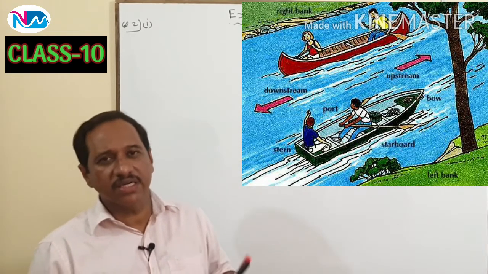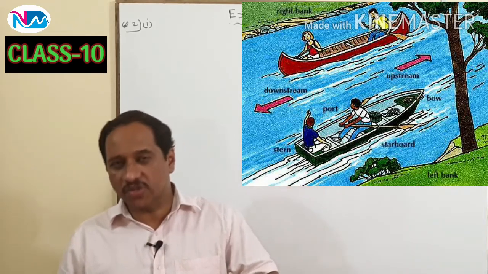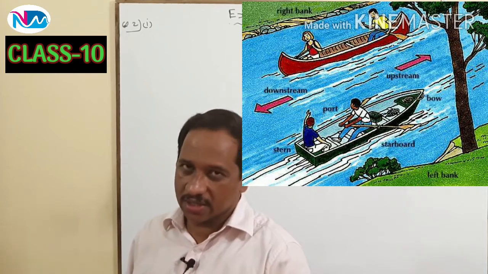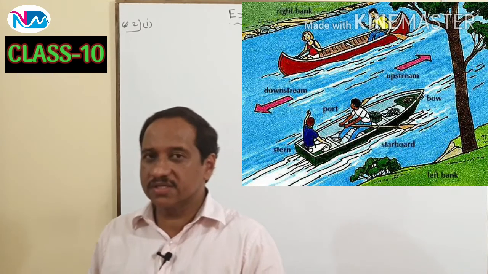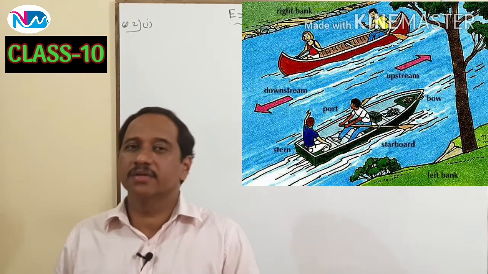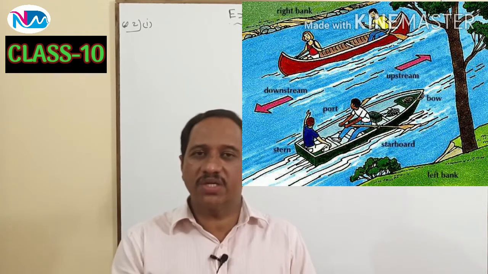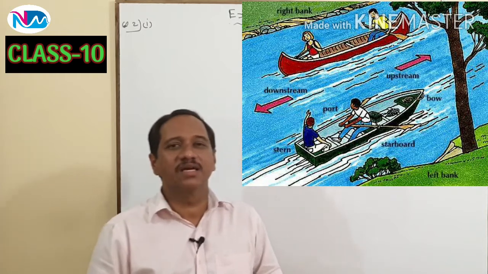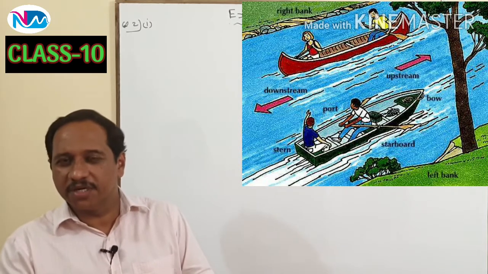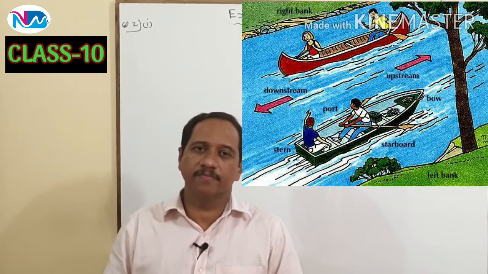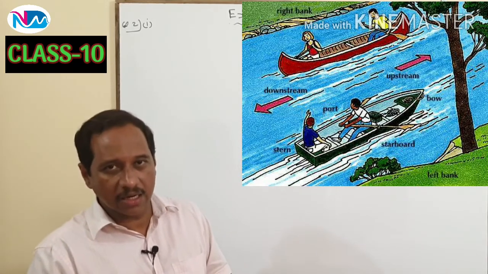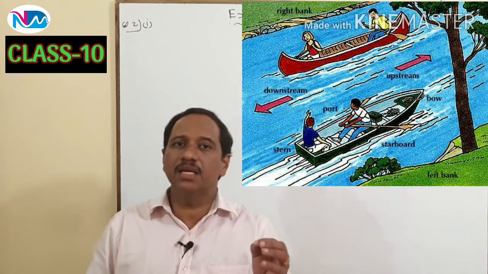And when she rows in the upstream, it means that she is against the flow of water, which always reduces her speed of rowing. That means in downstream the speed of the boat will be increased, and in upstream the speed of the boat will be reduced. Here the two quantities to be calculated are the speed of the boat in still water.